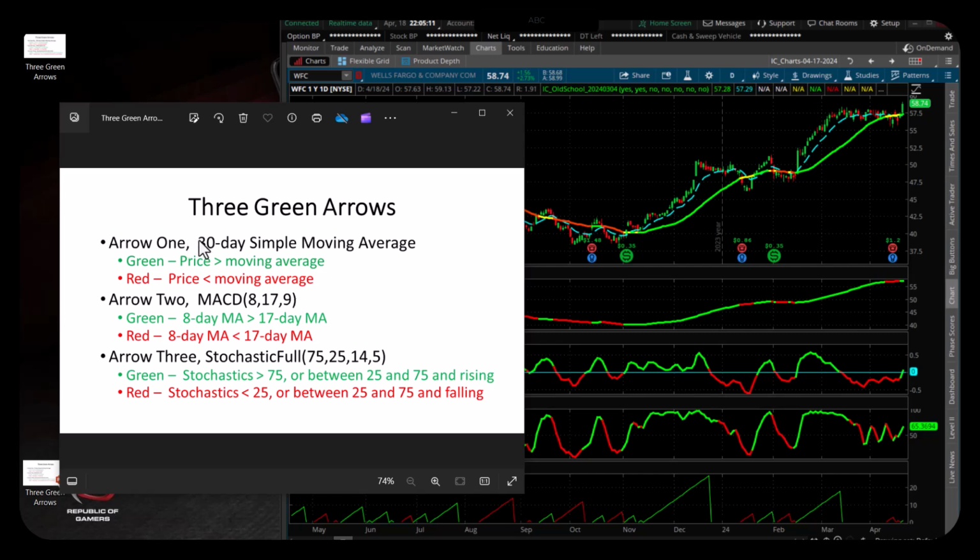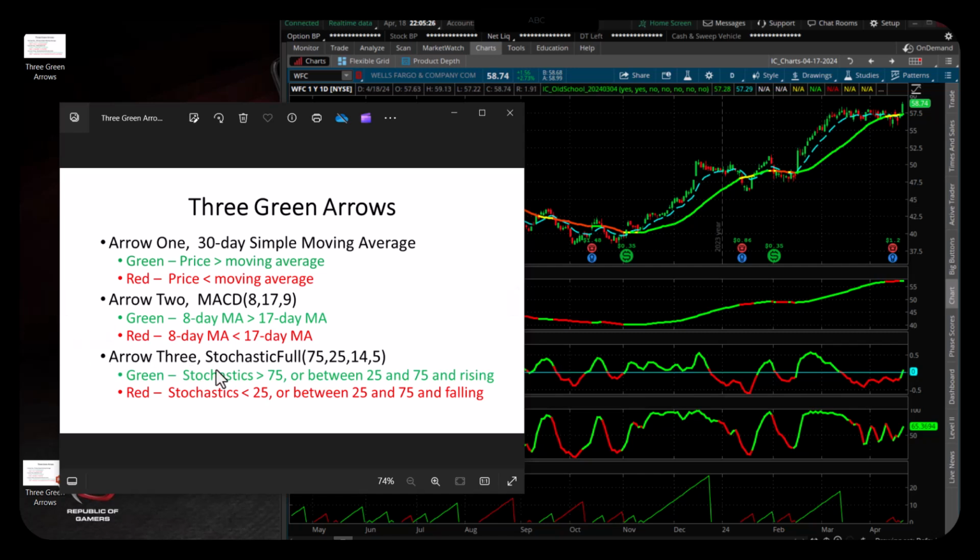The first arrow is going to move much slower, and the MACD is going to move faster. If you look at this, you can see it's quite a bit faster.